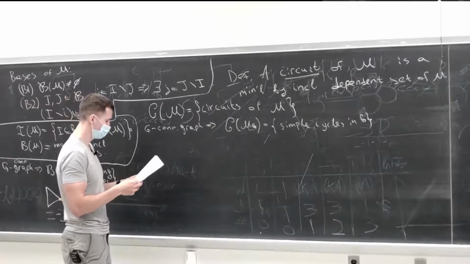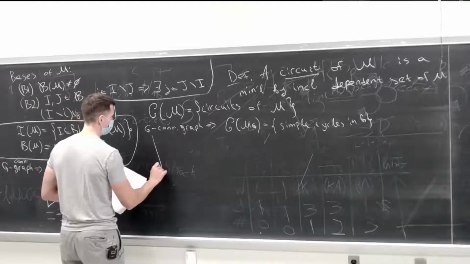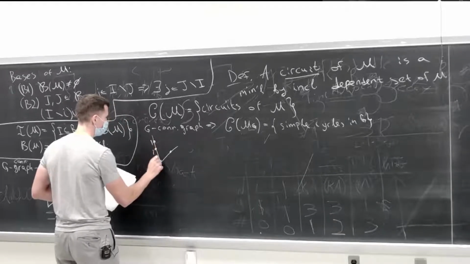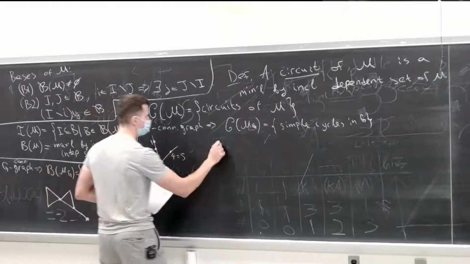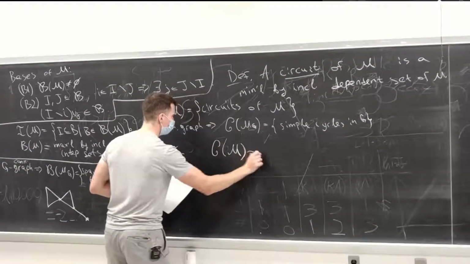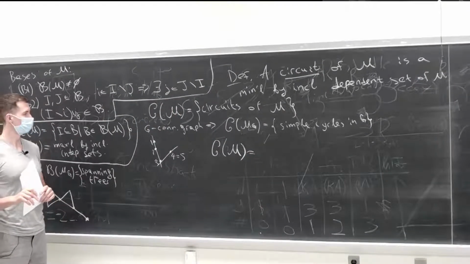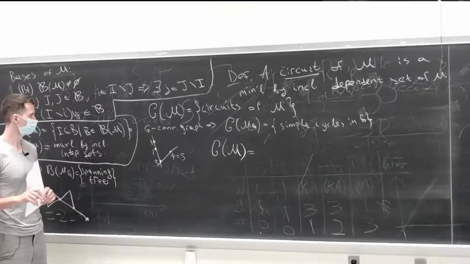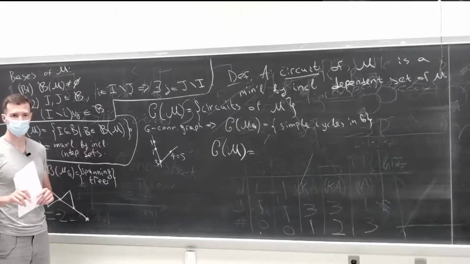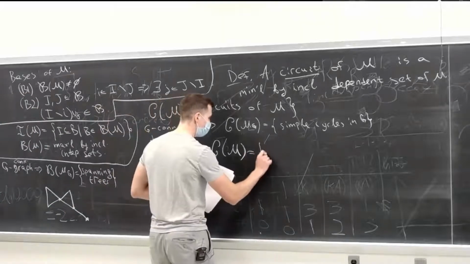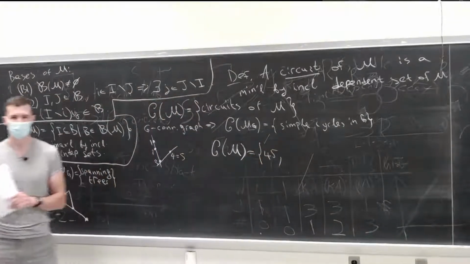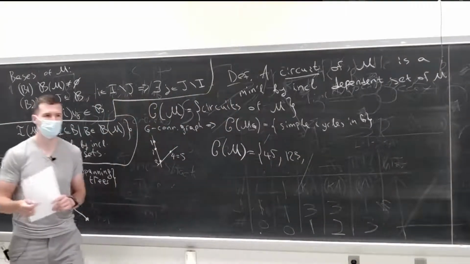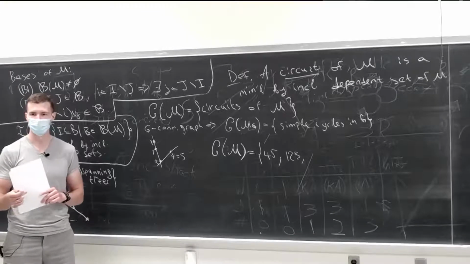And maybe we should try another. Let's do 1, 2, 3, 4 equals to 5. What is the set of circuits? Or 5. Okay. 1, 2, 3. Okay. Anything else?